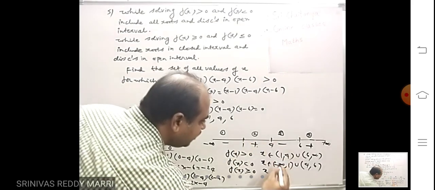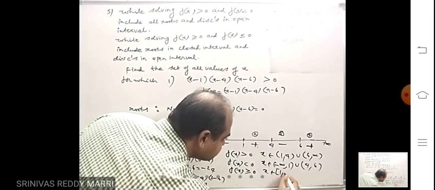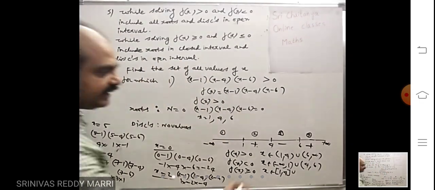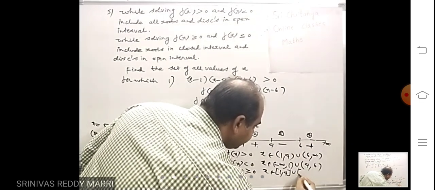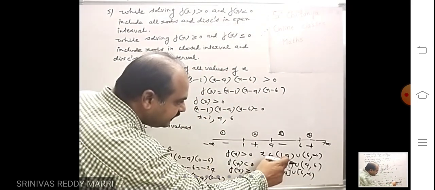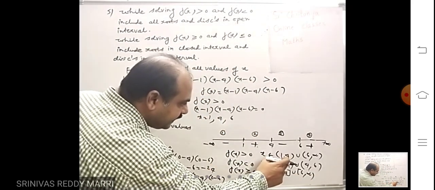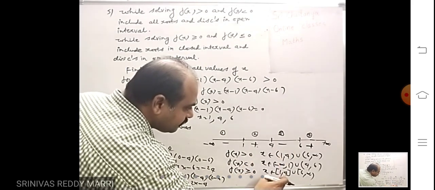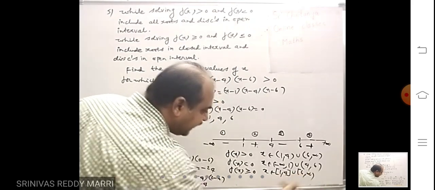Positive intervals means 1 to 4 in closed brackets, union, the same interval, 6 to infinity. Greater than 0 we included in open intervals; greater than or equal to 0, the same intervals written in closed brackets.